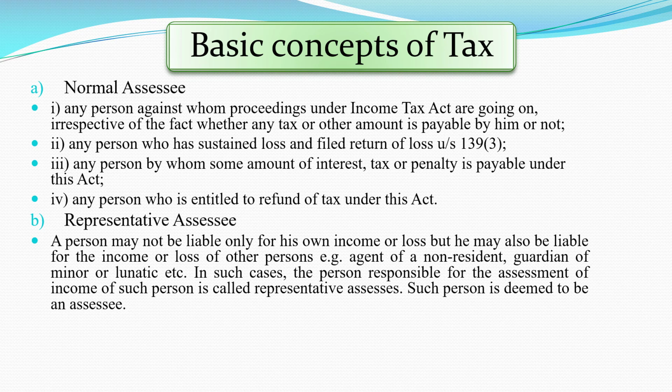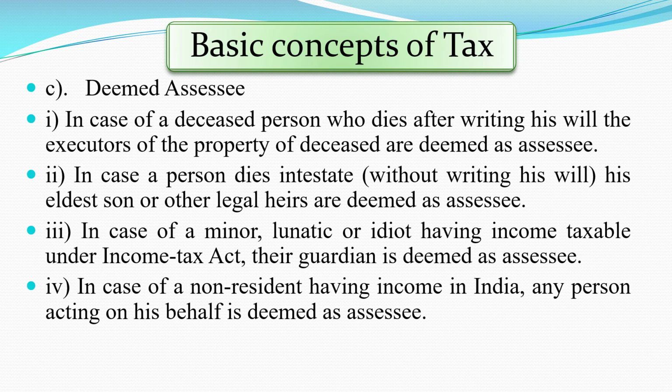And the second one is the representative assessee, a person who may be liable not only for his own income, but also for the income of another person, such as the agent of a non-resident or the guardian of a minor. So it will be included under the definition of representative assessee.